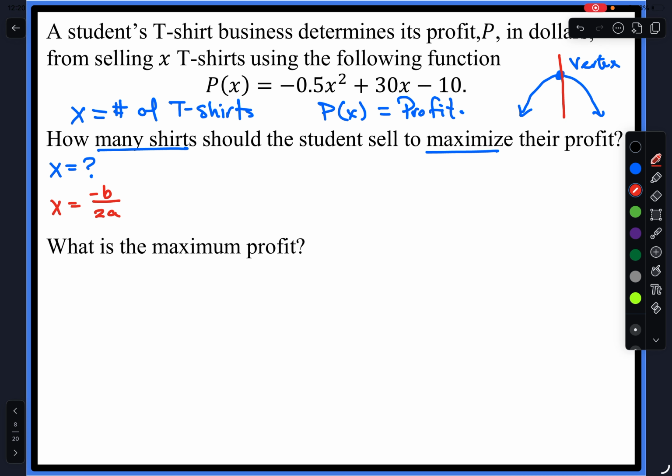Now, since the values of a and b come from the equation, we're going to use those two numbers right there. Let me write this down. Let me label these things. So a is negative 0.5 and b is 30.